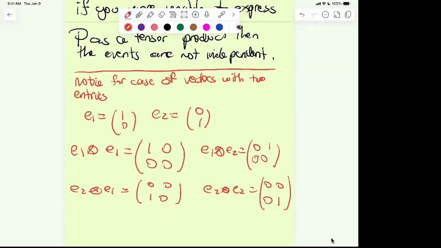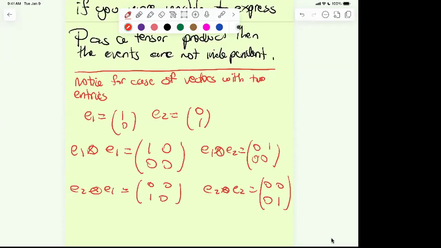If you do the tensor products of those basis vectors, you get all four possibilities. So if you have a random 2 by 2 matrix, it is very easy to see that you can rewrite it as a linear combination of these four.